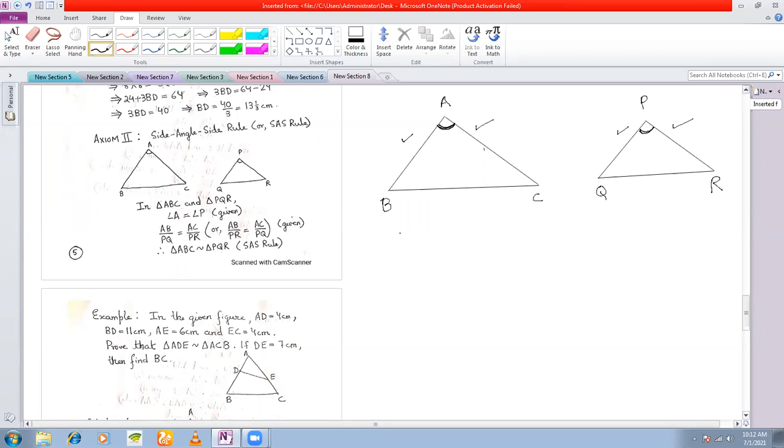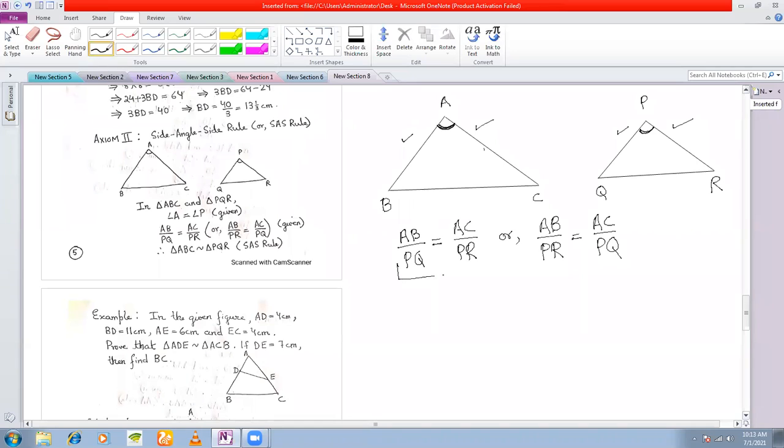That means if I can show that AB by PQ is equal to AC by PR, either this is given or AB by PR is equal to AC by PQ, either of the two.